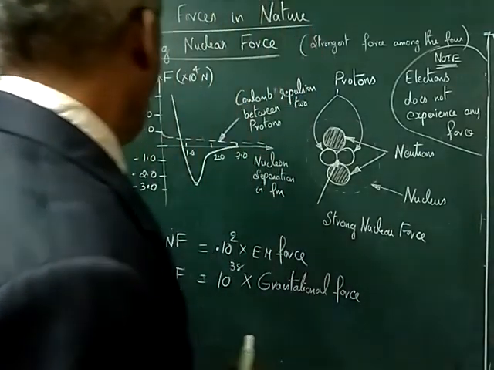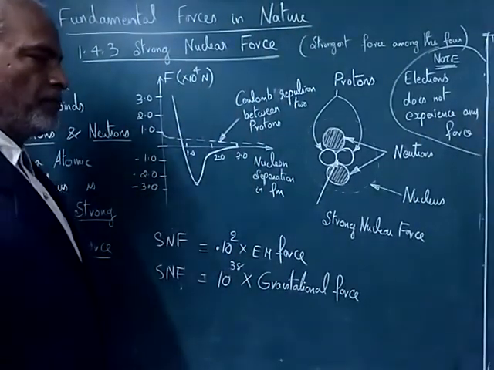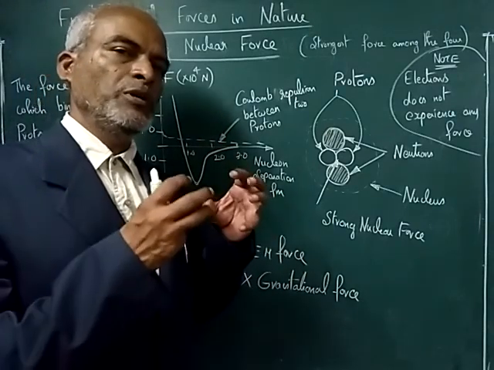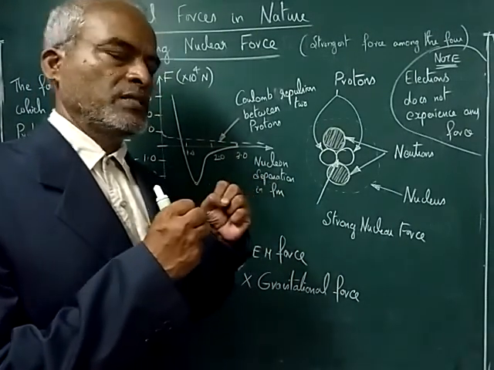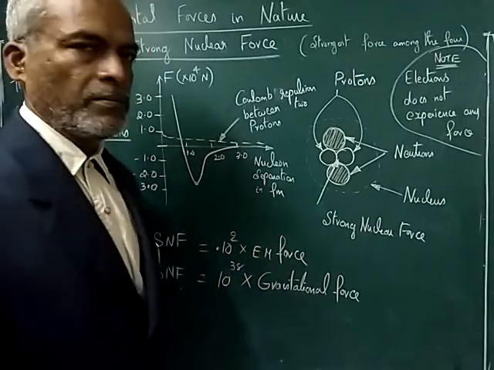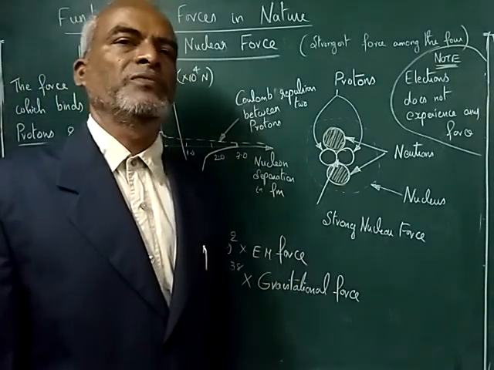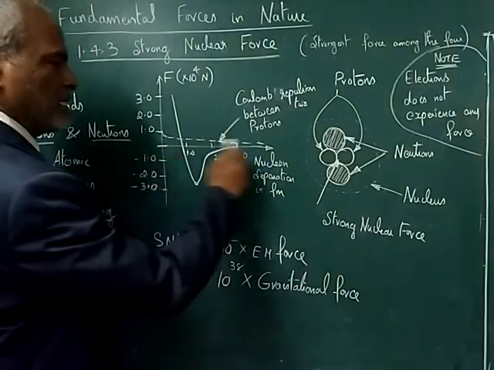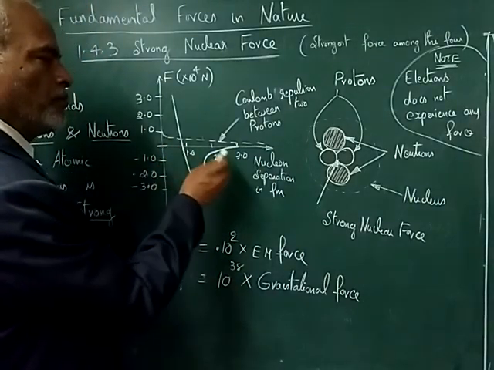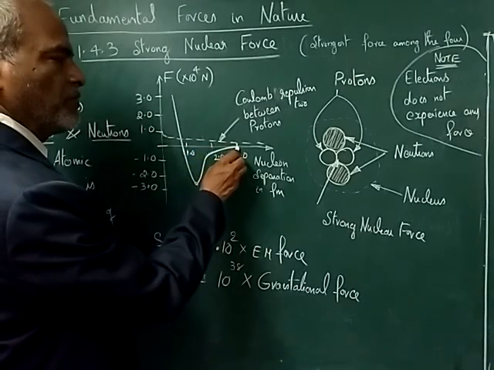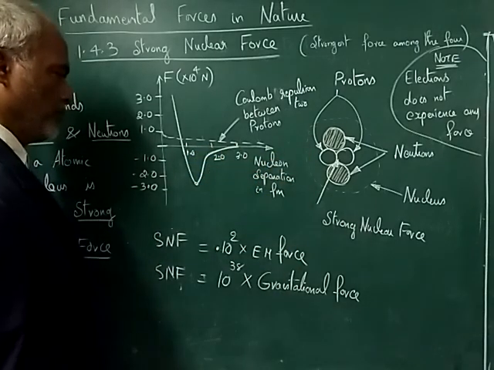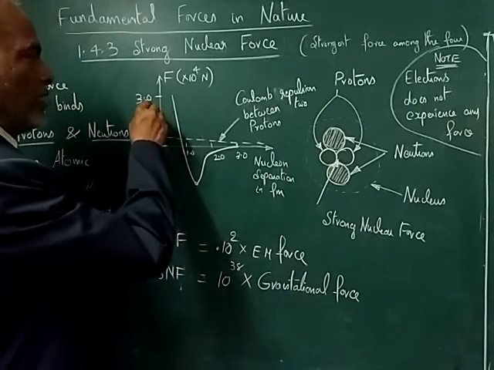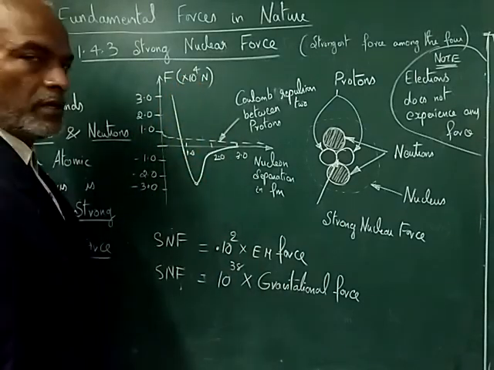Now we will see the graph, and we must note the distance between the nucleons. It is in femtometers. Femto means 10 power minus 15 meter. The x-axis shows 1 femtometer, 2 femtometer, 3 femtometer, and keeps going. On the y-axis we have force, with the value multiplied by 10 power 4 Newton.